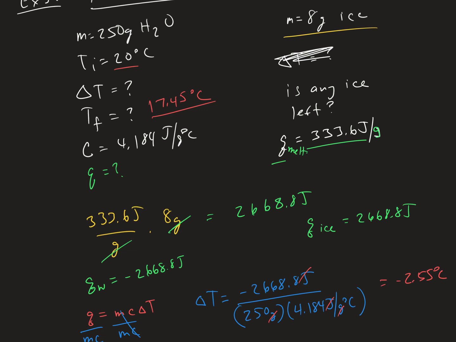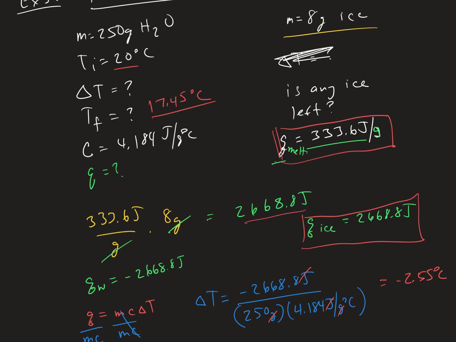How did you know to put the negative 2,668 joules? Aren't we solving for the change in temperature of melting ice? Melting ice, which is water. Right, so for the Q of ice, we take the amount of energy per gram of ice, multiply that by 8, and we got this value. And what happened to the ice?